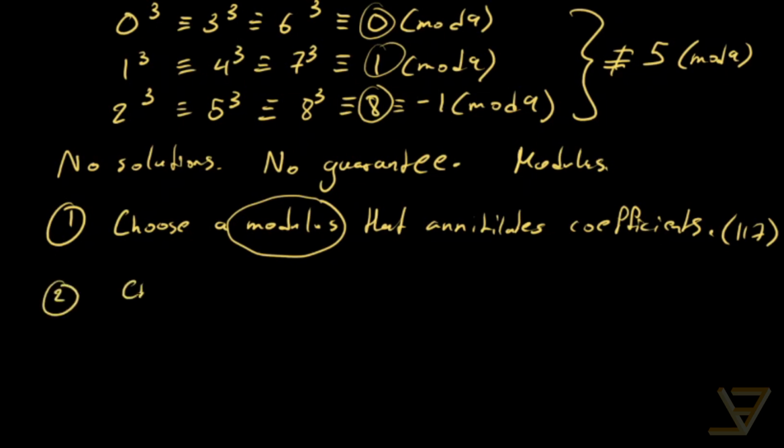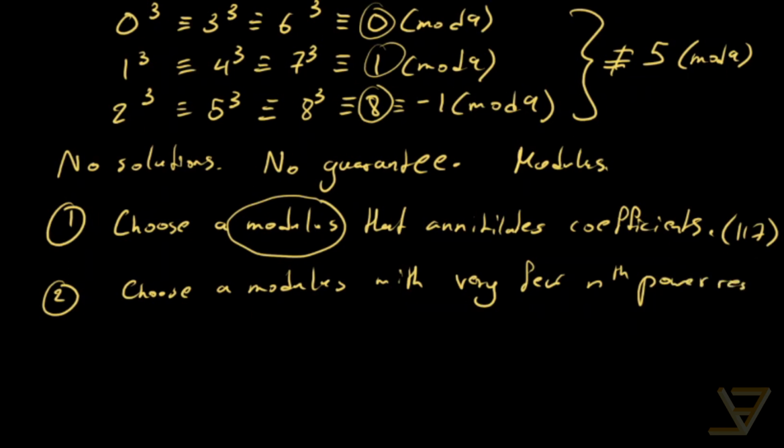Second, choose a modulus with very few nth power residues, assuming your equation has x to the power of n. So x to the power of n will have very few residues, which will reduce the chances of colliding with other terms to produce 0 in the end.